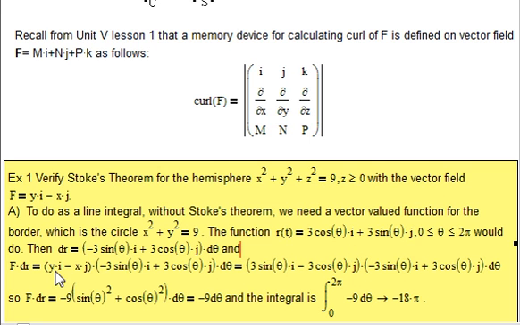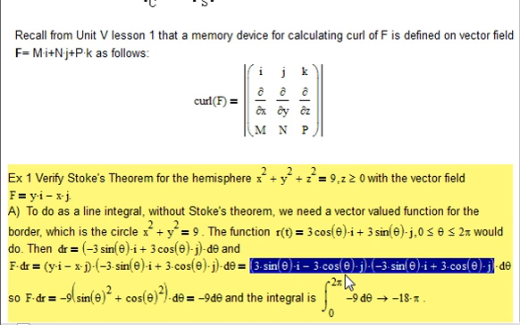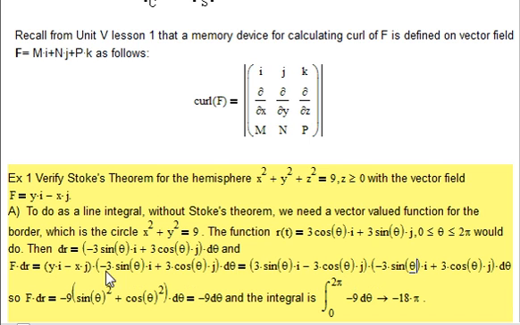And so our F dot dr, well, F is this vector field right here, yi minus xj, dotted with this dr vector.